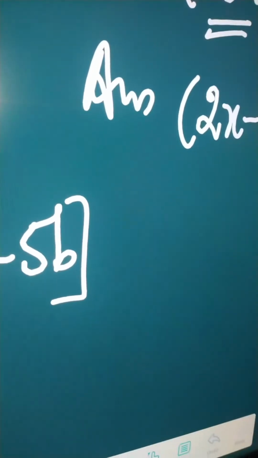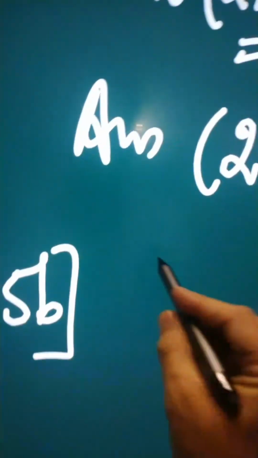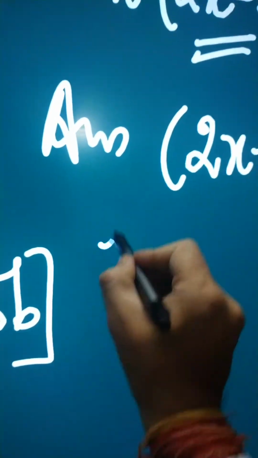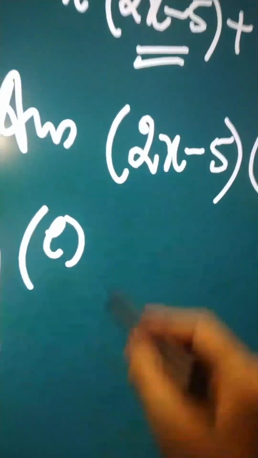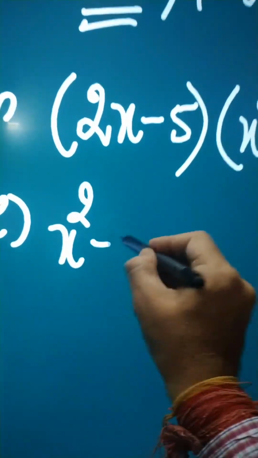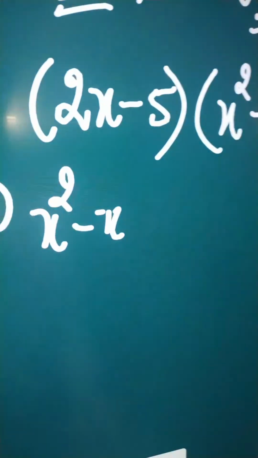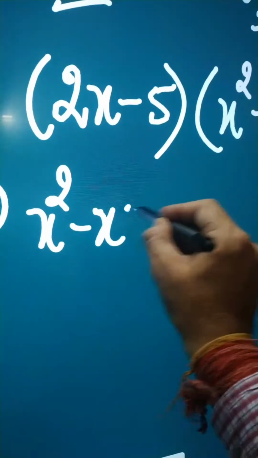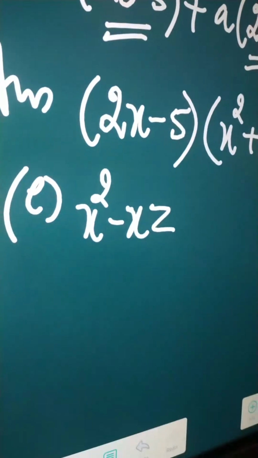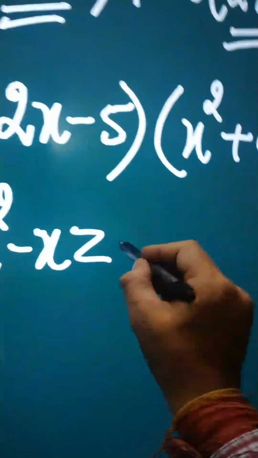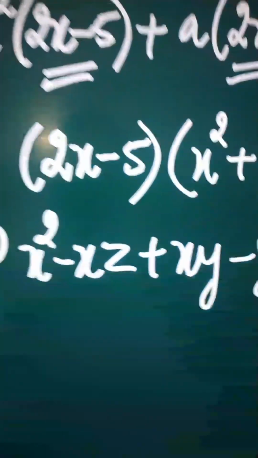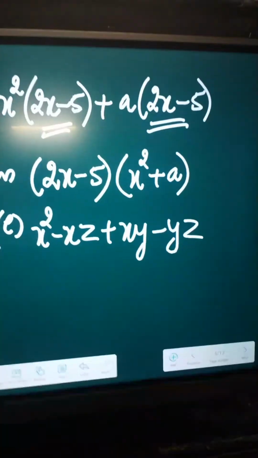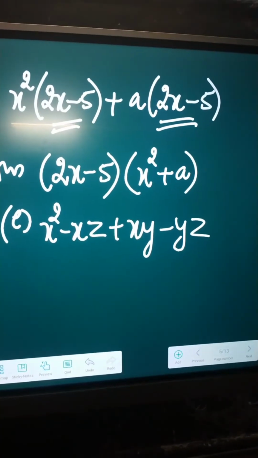Then come to E part. In E part, the question is x square minus xz plus xy minus yz. Now this has 4 terms in it.